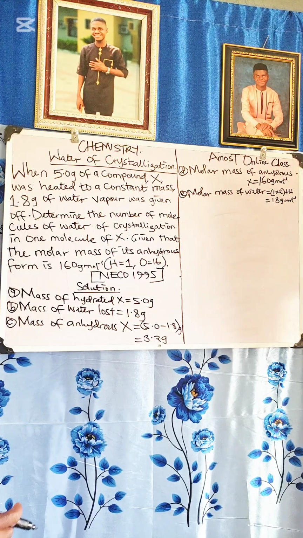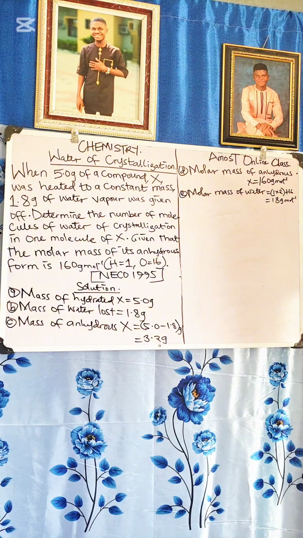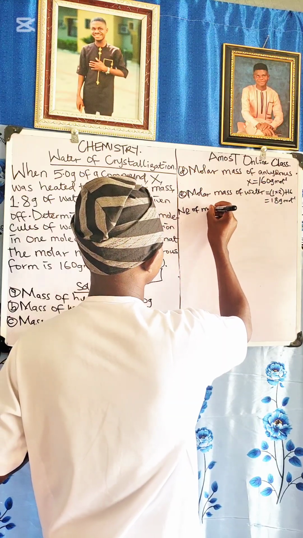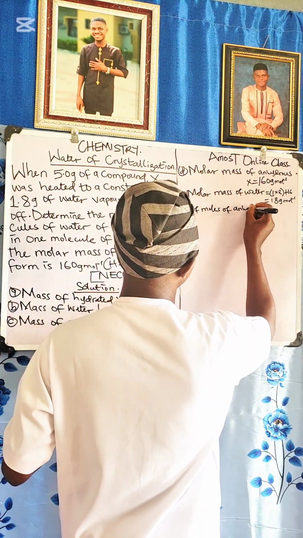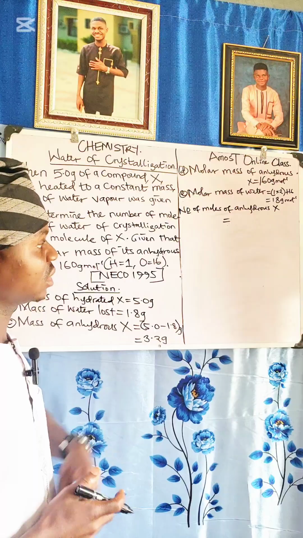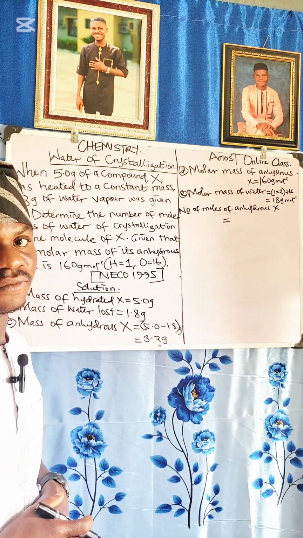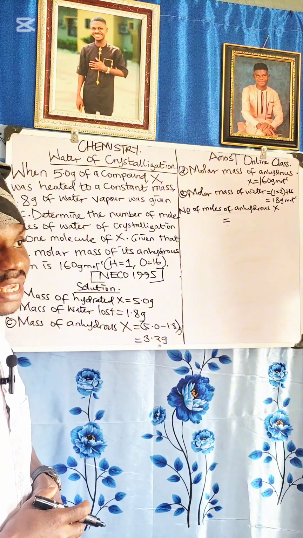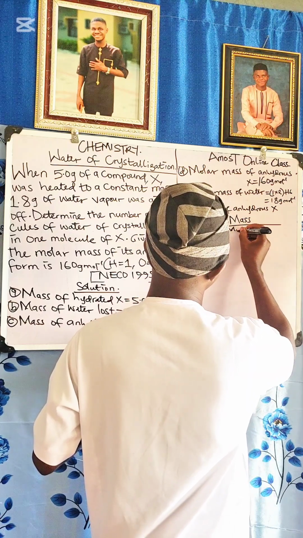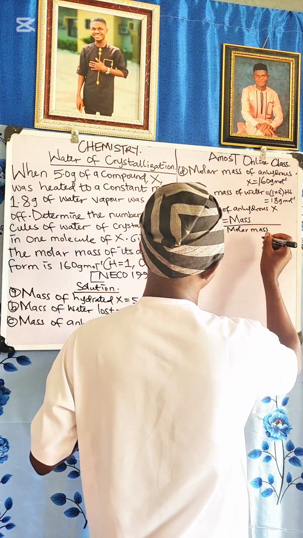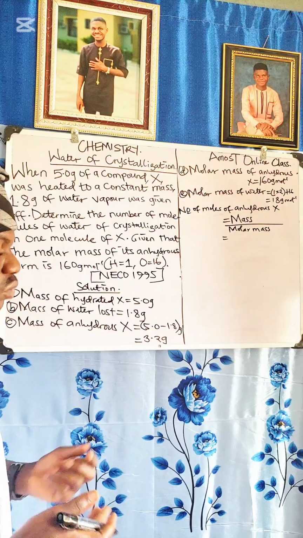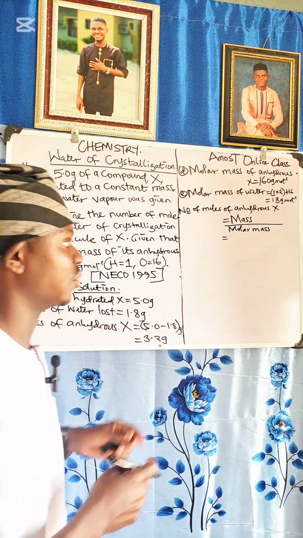So the next thing is to find the number of moles of anhydrous X. Number of moles of anhydrous X is equal to mass of anhydrous X divided by the molar mass of anhydrous X. The mass of anhydrous X from our previous solving is 3.2 grams, and the molar mass from the question is 160 grams per mole.